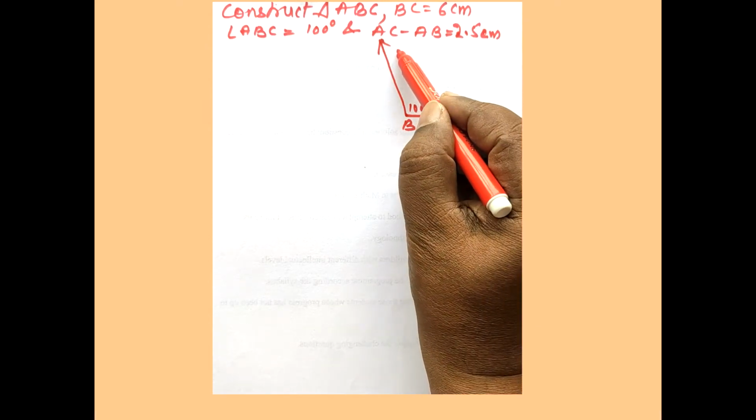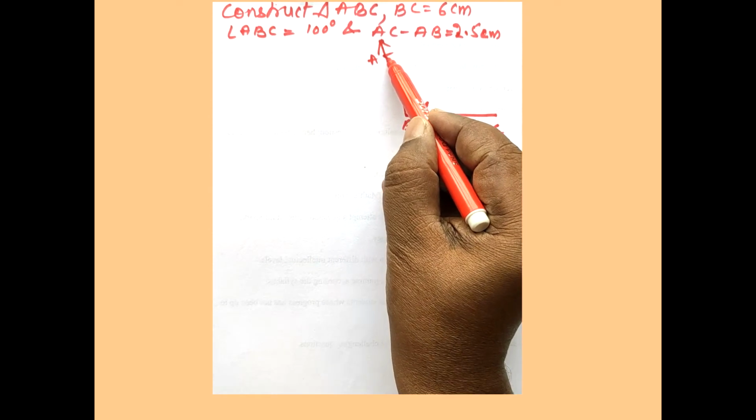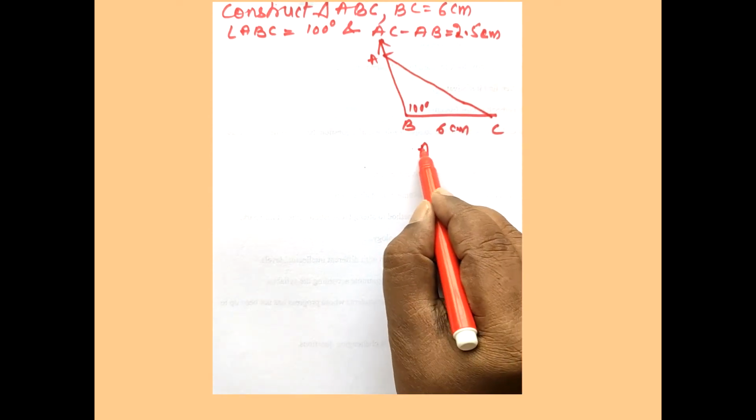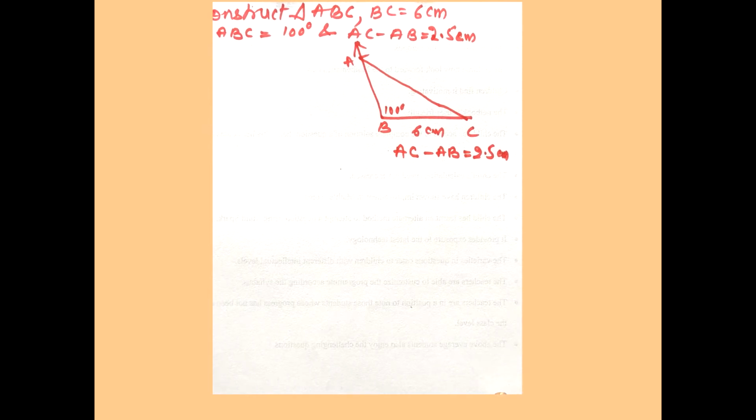And you will have A as this point, and when you join this with C, you have to draw in such a way that AC minus AB equals 2.5 centimeter. Okay, so here the opposite side is greater than the adjacent side of the given angle.